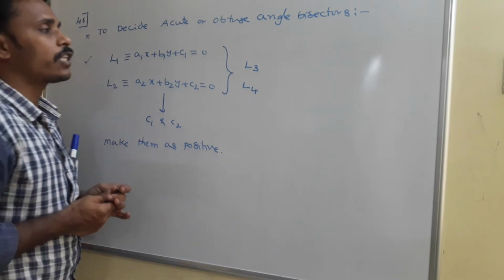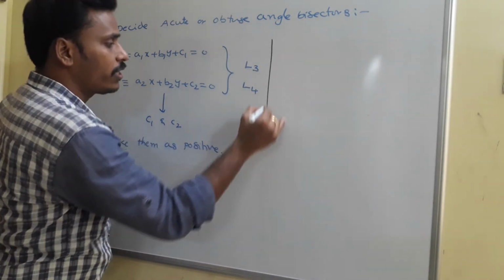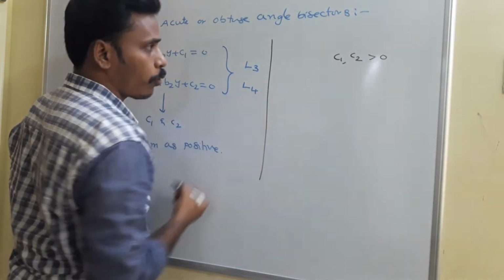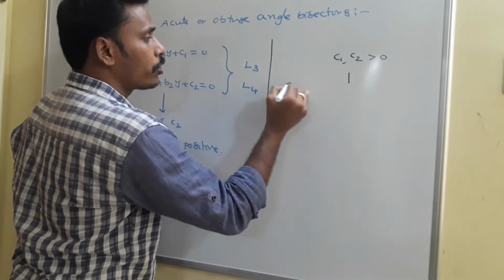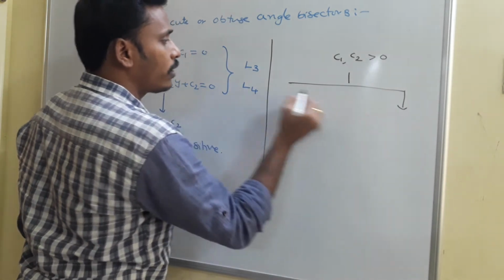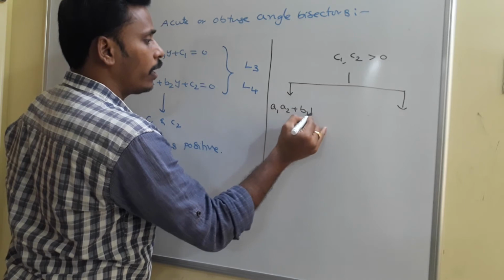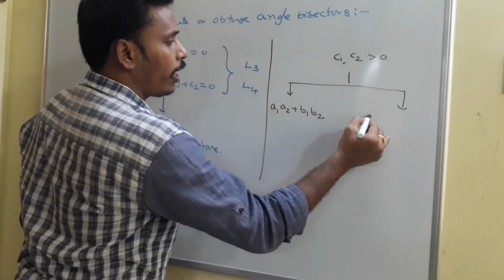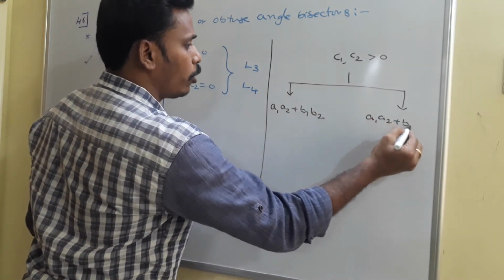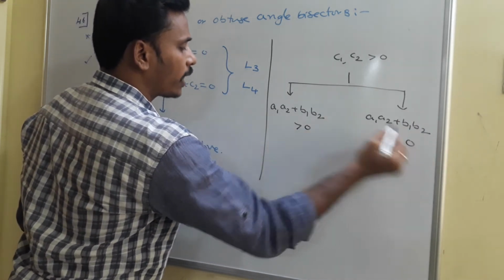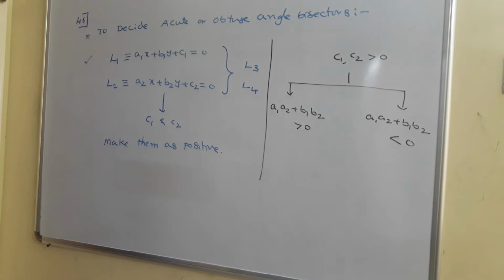Now if C1 and C2 are positive, then we have this discussion. You need to think about the value A1A2 plus B1B2. In one case this value is positive, in the other case it is negative. It may be greater than 0 or less than 0.